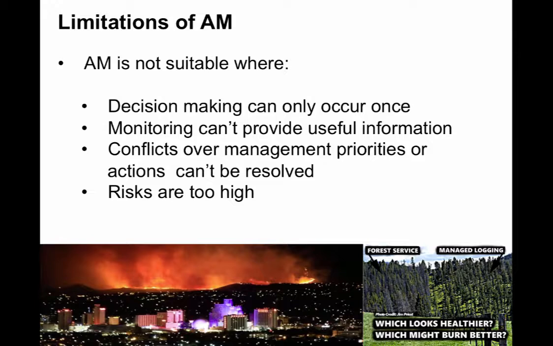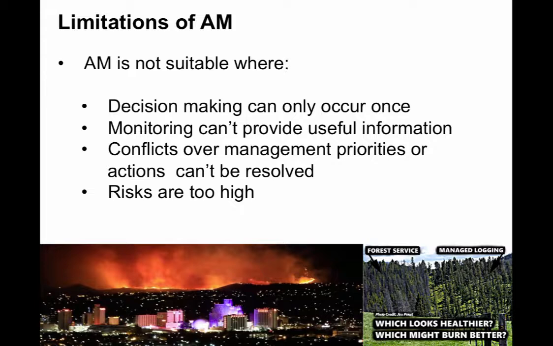So there may be instances where adaptive management, where we can't actually go in there and experiment with different types of activities and different types of treatments, is not going to be allowable. And from that instance, there may not be a real reason to focus on implementing an adaptive management approach as part of our restoration plan.